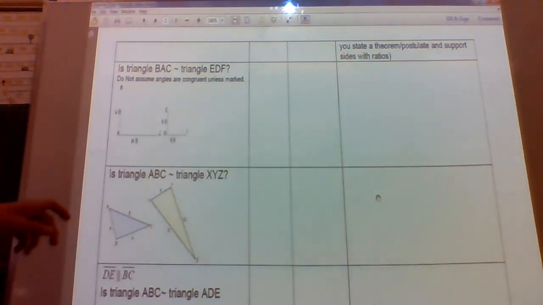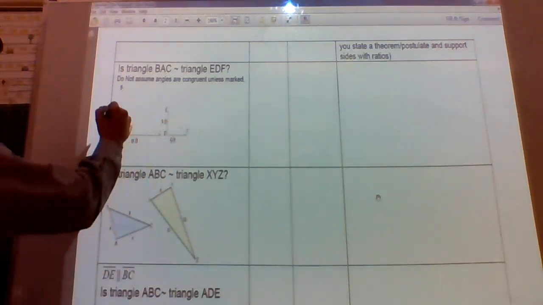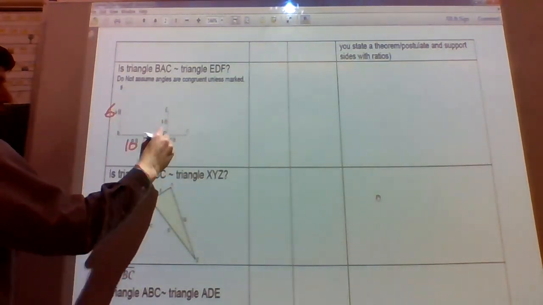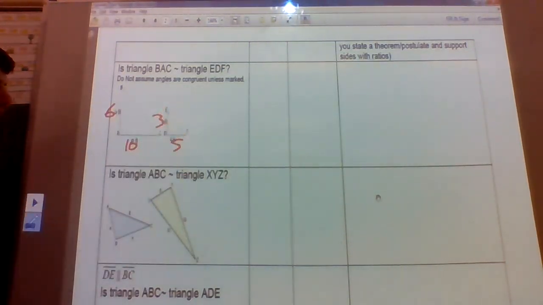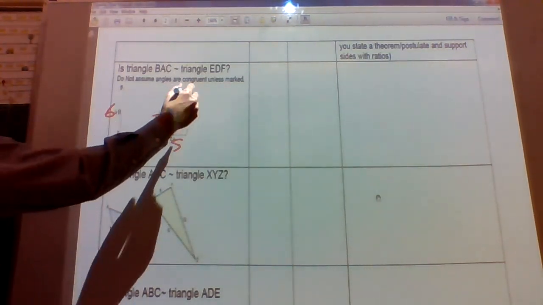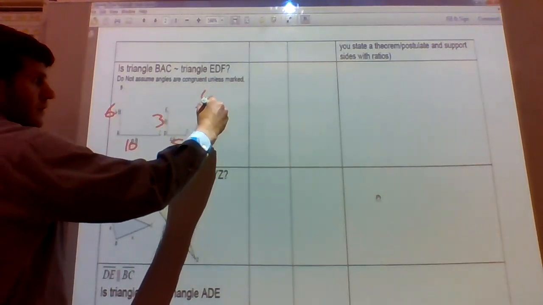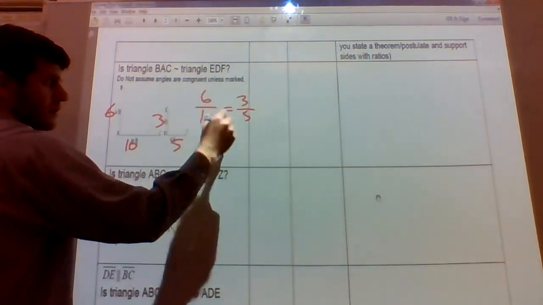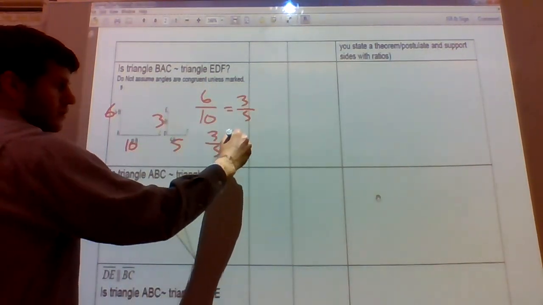Okay, this is 6, 10, 3, and 5. They don't give us any information on the angles. So all we have is 6 over 10 equals 3 over 5. Okay, so that's going to be 3 over 5 equals 3 over 5.